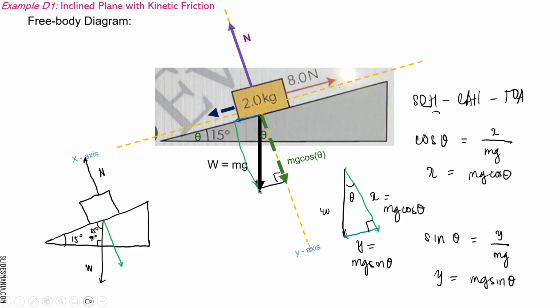If we do this, it looks like a rectangle, right? Well, my sketch is not straight, but if we were to transfer mg cosine theta to this one or duplicate it, we find that we have a rectangle. So if we have a rectangle, we have similar triangles, which means that this angle right here is also going to be theta. And if that angle is also theta, then using trigonometric ratios, we should find that this green arrow is also mg cosine theta.